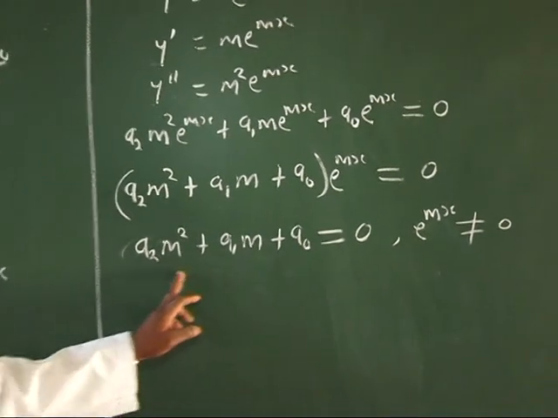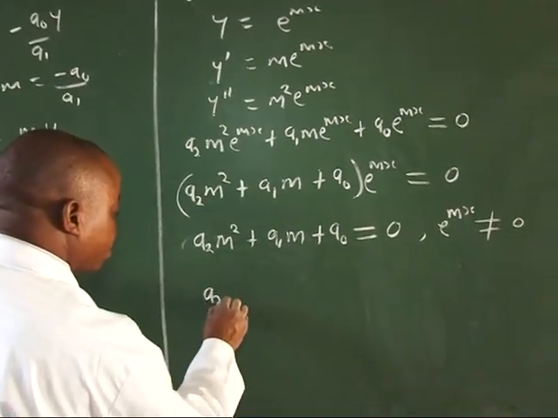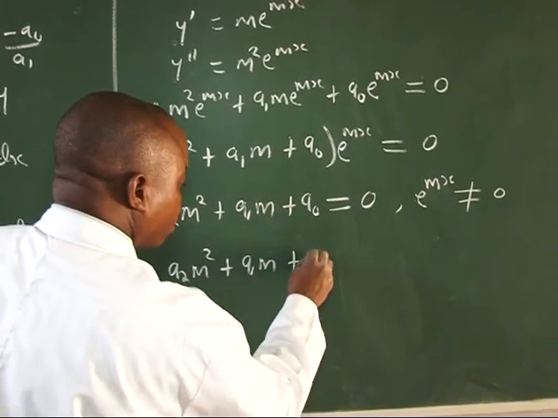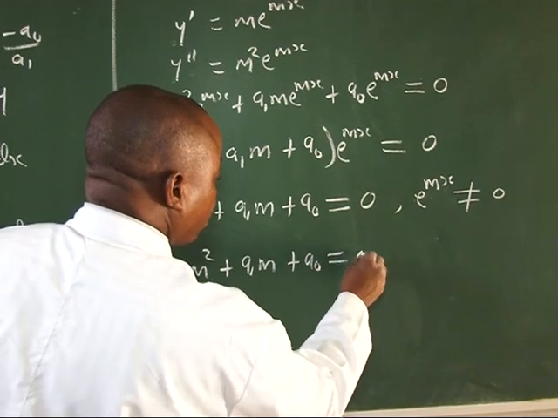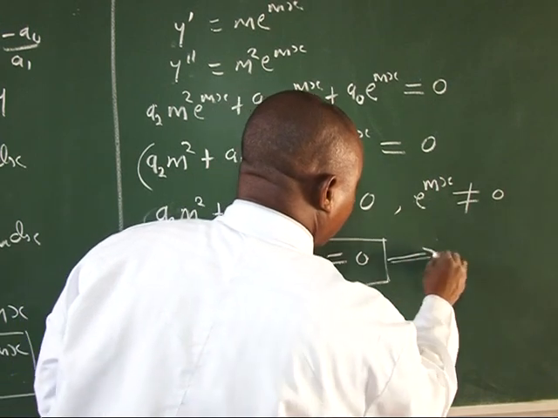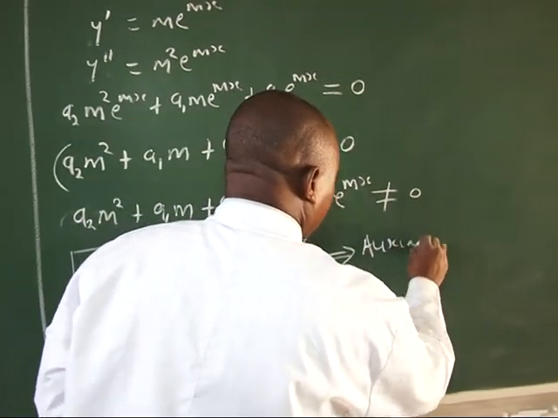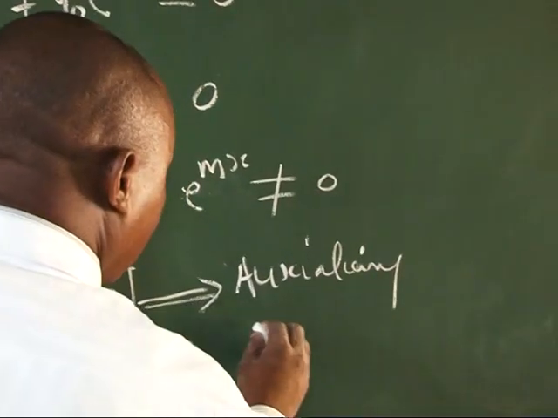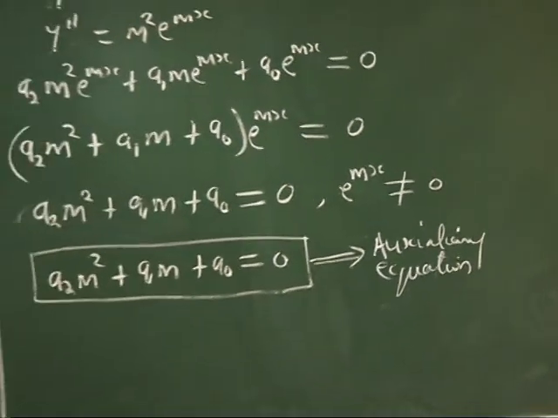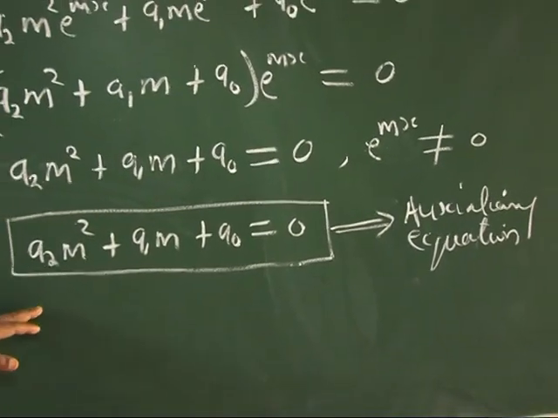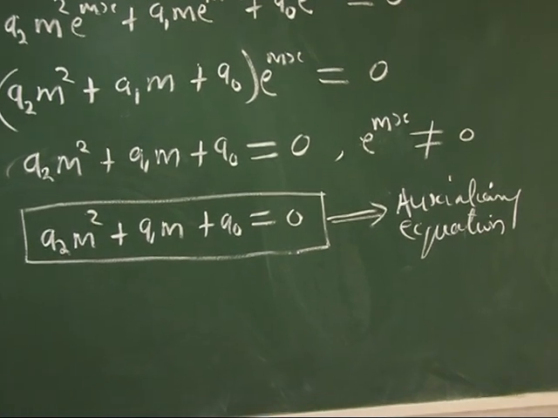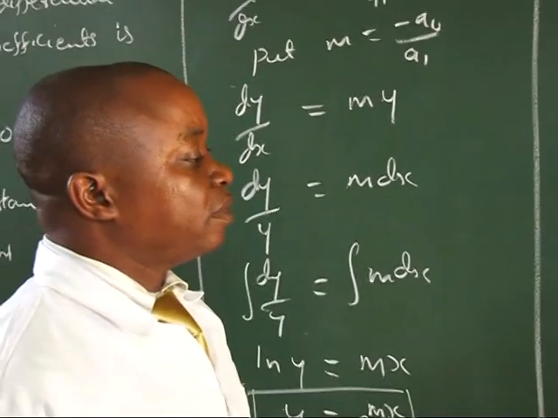Now, this particular one, that is a subscript 2 m squared plus a subscript 1 m plus a subscript 0 equals 0, is called the auxiliary equation. This is what we call the auxiliary equation, which could be solved in the normal quadratic pattern. You know, this is quadratic in m.